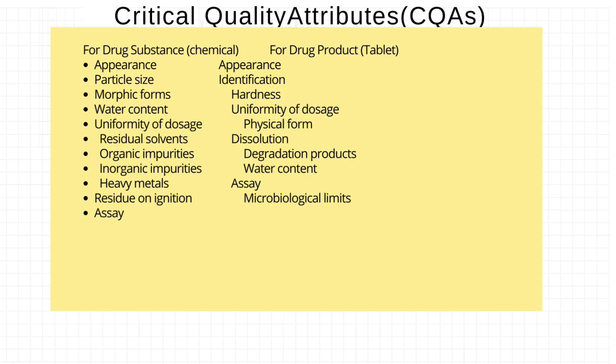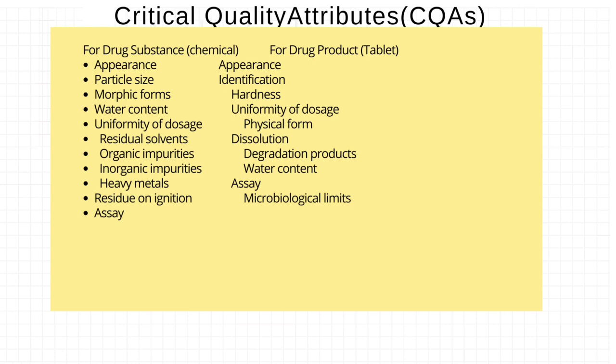We are going to see critical quality attributes for the drug substance, that is the chemical substance, and for the drug product, which here we have taken as tablet. For the drug substance we have to see the attributes of appearance, particle size, polymorphic form, water content, uniformity of dosage, residual solvents, organic impurities, inorganic impurities, heavy metals, residue on ignition, and assay.